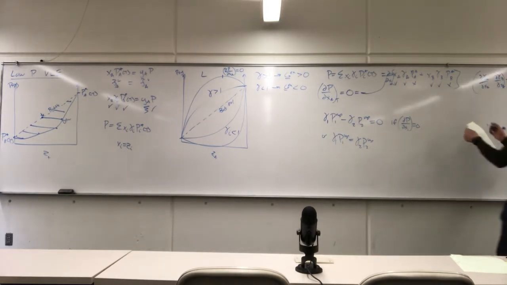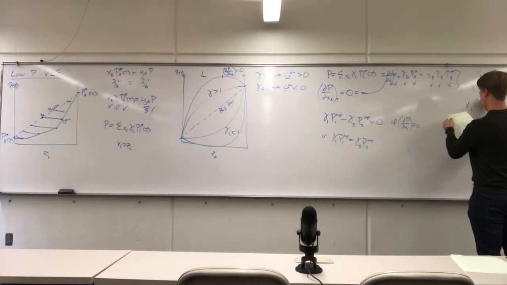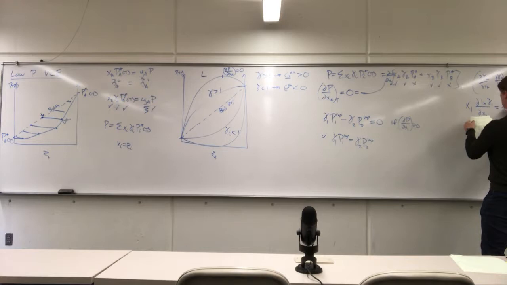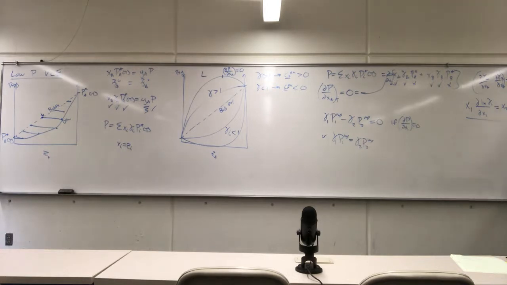Oh, actually, I do have it in my notes right here. It's right from x1 d ln activity coefficient 1. From the Gibbs-Duhem equation. So remember, the Gibbs-Duhem equation is just like saying that the mole fractions add up to 1.